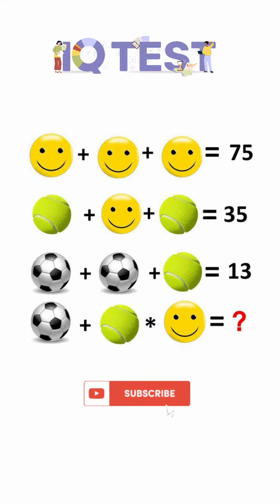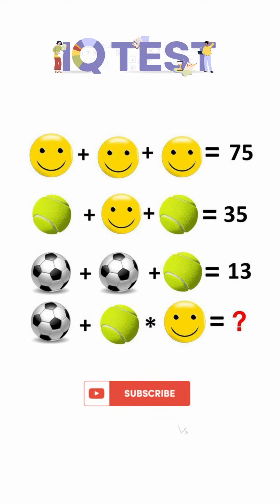So it means that the smiling emoji is 25. So here the tennis ball will be 5. Yes, the smile is 25. The tennis ball is 5. Okay, and then the football, we have 13 over there minus 5. Okay, so what do you have for the ball? It's supposed to be 4. Very good. The ball is 4.